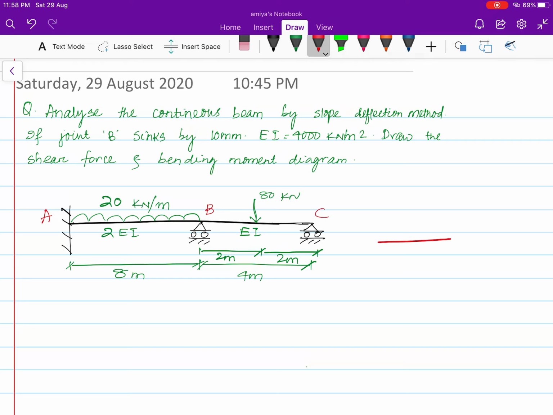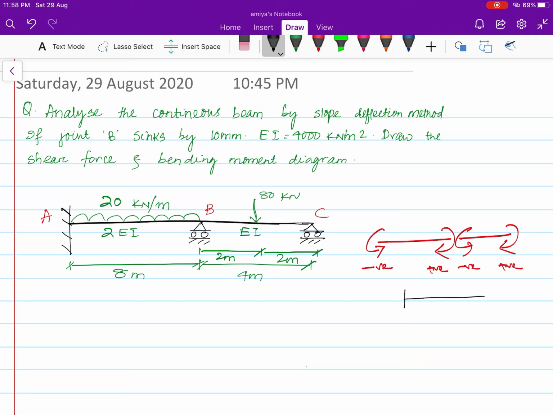So on the span AB, this will be anti-clockwise, this will be clockwise, here it is anti-clockwise, here it is clockwise. So anti-clockwise is negative, clockwise is positive. This is happening due to the deflection diagram.